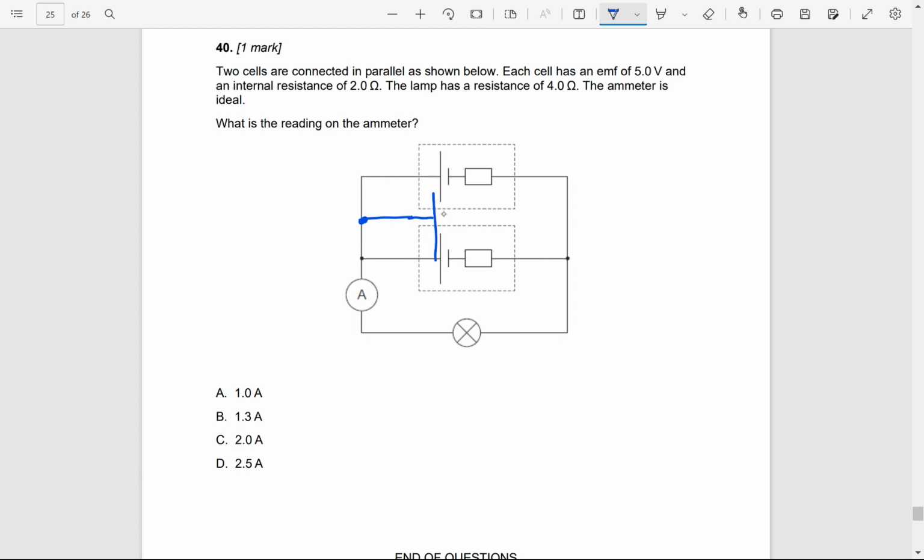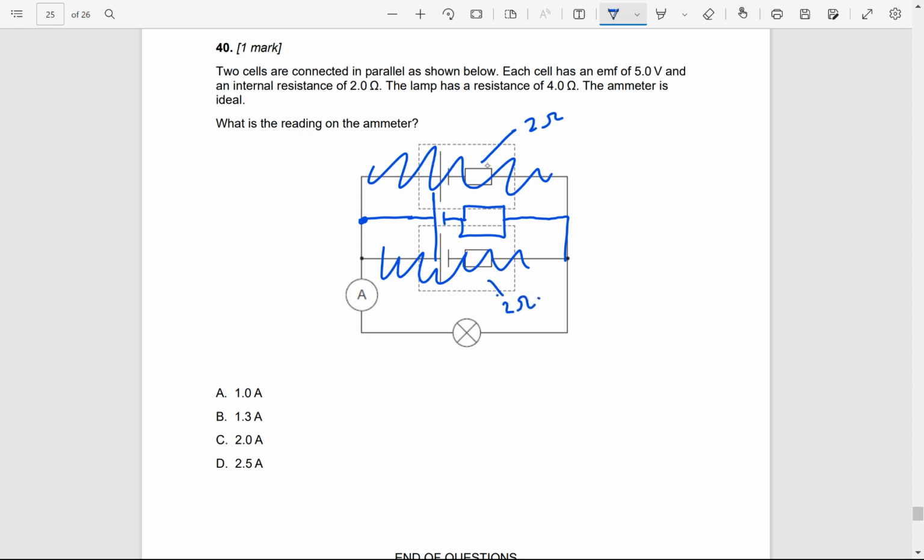Okay. So firstly, if these two are in parallel, then the cell overall, sorry, let me start again. What you could do is you could actually say that this is just one big cell like that, and that indeed these don't exist. So if we can say that the internal resistance of this one is 2 and the internal resistance of this one was 2, then the overall resistance is going to be 1, because you've got 1 over 2 plus 1 over 2 is 1 over 1 equals 1.